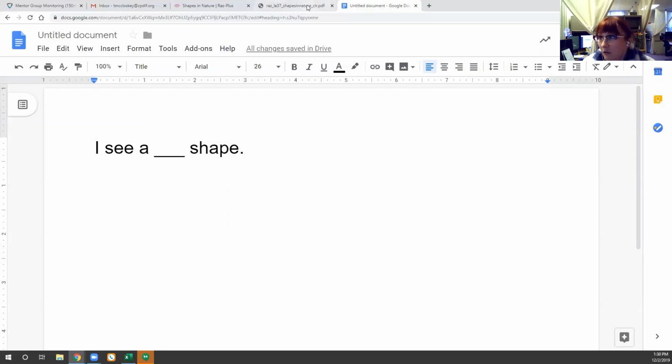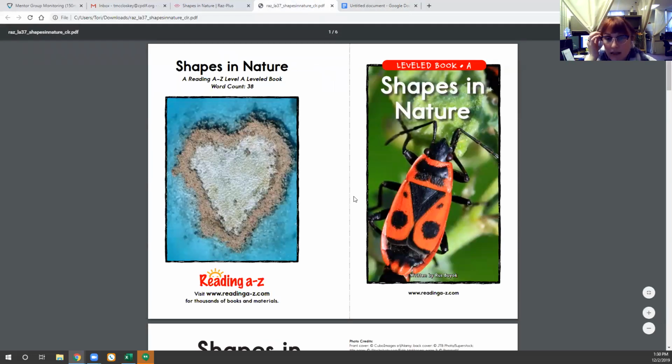So, the title of this book is Shapes in Nature, and on the cover, I see a black and red bug on a leaf. And this bug has some really cool black spots on its red body. Now, I'm going to stop and think about what I visualize when I think about the words shapes in nature.